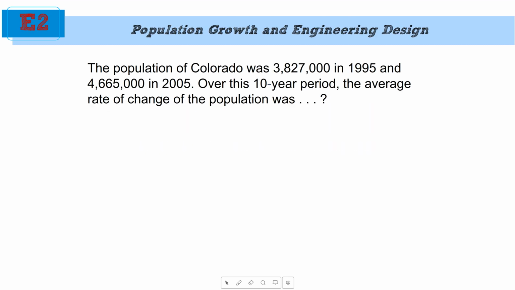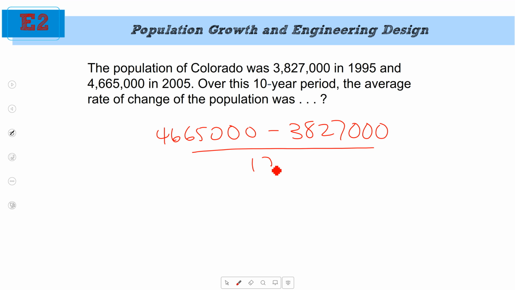Whoa, easy there. 4, 6, 6, 5, 0, 0, 0, 9, 3. What's the fractional form of that answer? I guess I should ask, do you all know how to do that on your calculator?